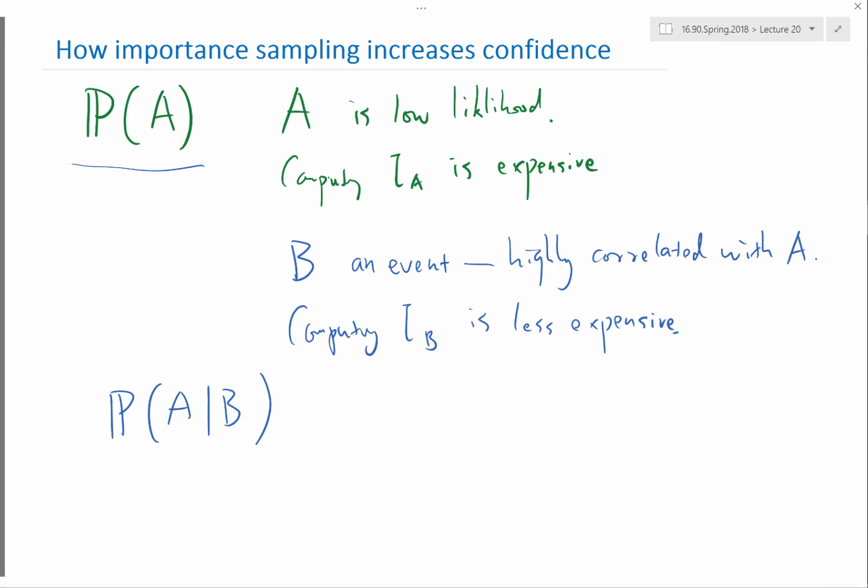Given that A and B are highly correlated, it should be much larger than the probability of A by itself. So if you can compute the probability of A given B, you probably have a much higher relative level of confidence than directly computing the probability of A, right? But how do I go from the probability of A given B to the answer we want, which is the probability of A?